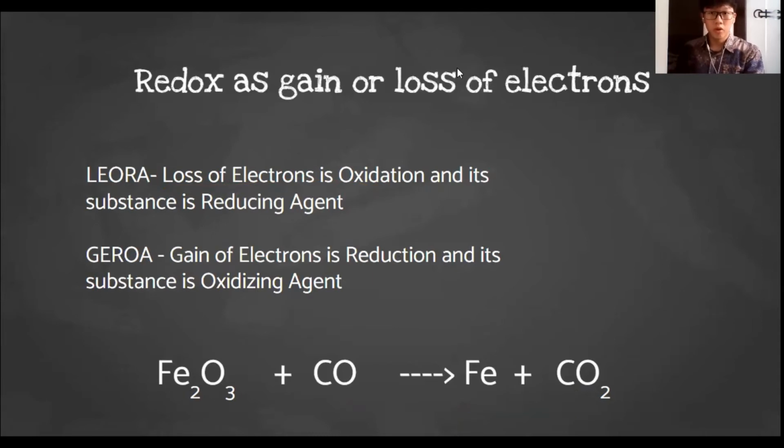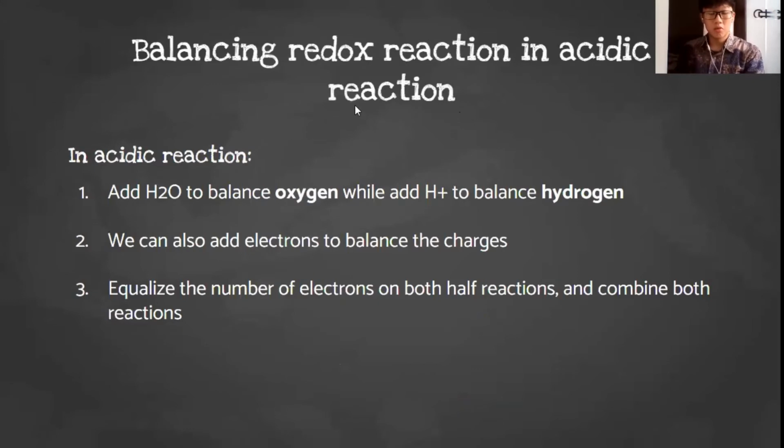So now we are going to learn how to balance a redox reaction in acidic solution. There's a typo I made here. The steps to balance a redox reaction in an acidic solution: first we add H2O, or water, to balance oxygen, while we add H plus to balance hydrogen.